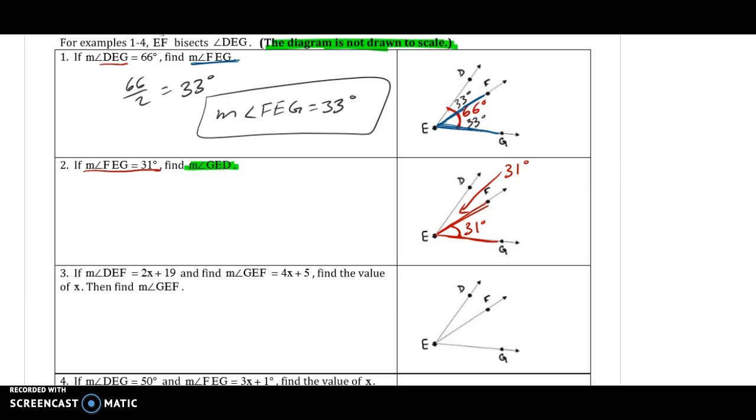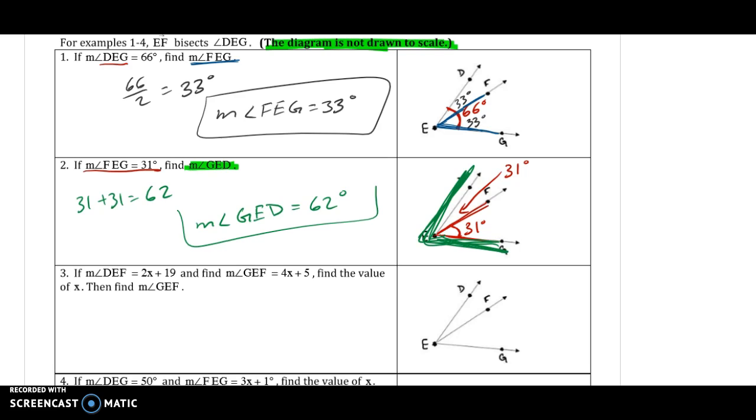So this question says GED from G to E to D is the whole thing. So 31 plus 31 equals 62. The measure of angle GED equals 62 degrees.